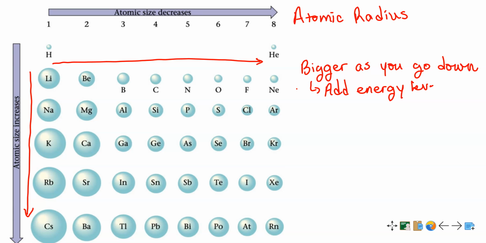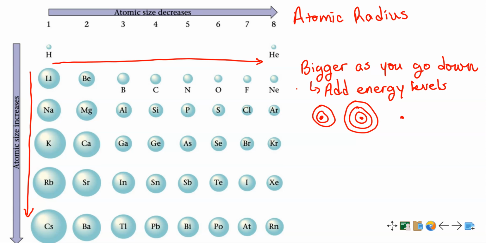So we're starting with lithium, which has 2 principal energy levels. Then we go to sodium, which has 3 principal energy levels, so it's naturally going to be bigger.